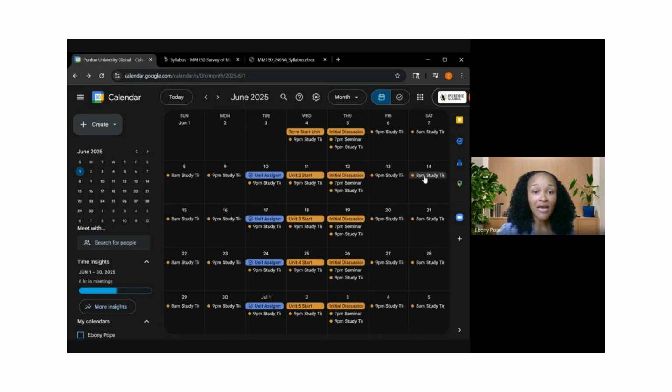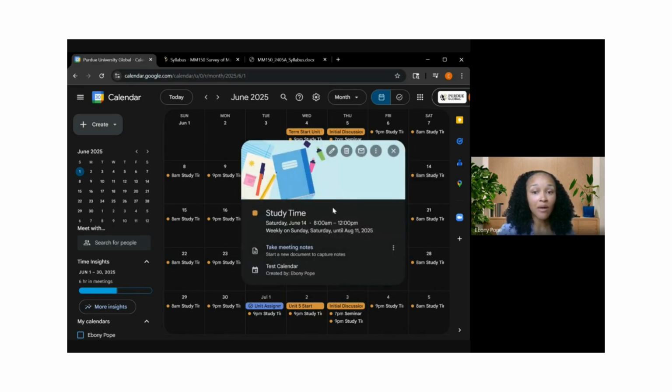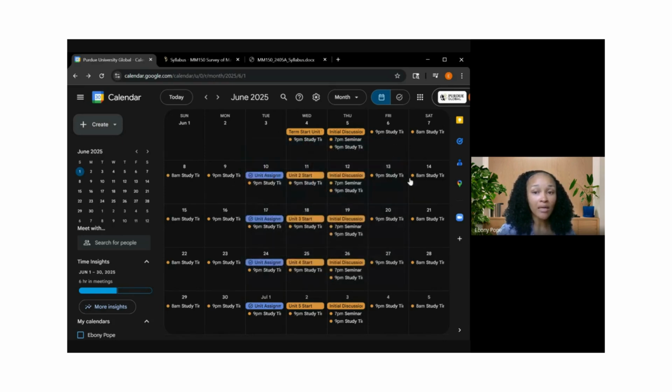And then on Saturdays and Sundays, I'm going to study from 8 a.m. to 12 p.m. So that gives me a 4-hour block each day on Saturday and Sunday where I can dedicate time to just studying for my courses. Now, that time will fluctuate during the week, and every day does not have to look the same. Every day may look different depending on what your life looks like.